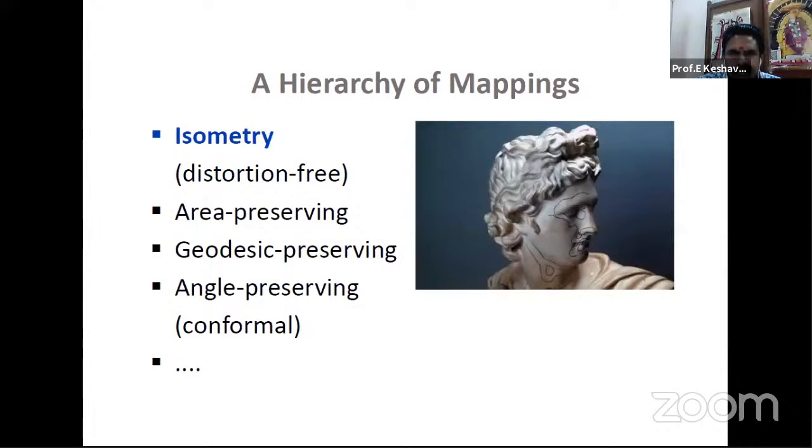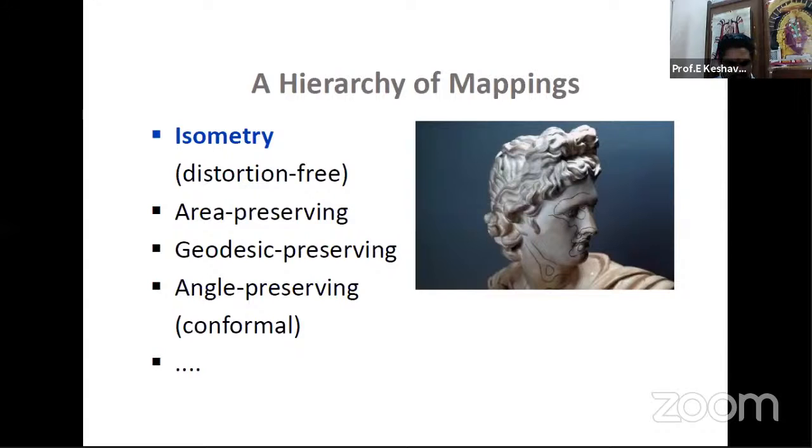Now, the hierarchy of mapping is: isometry and distortion free, area preserving, geodesic preserving, angle preserving, conformal type of mapping. So this is the hierarchy of the mapping, that is isometry. And what is the meaning of isometry in mathematics?